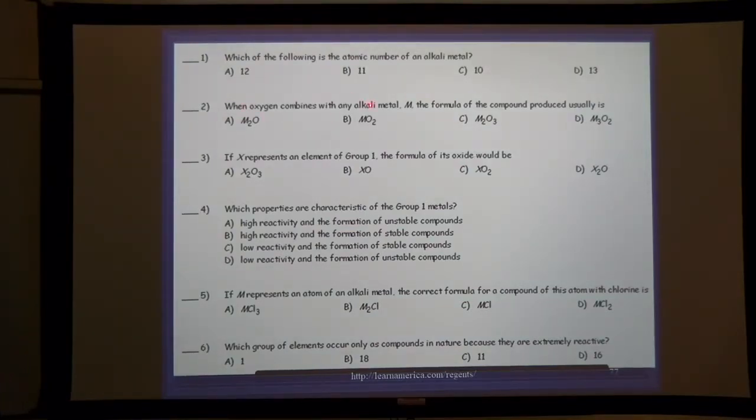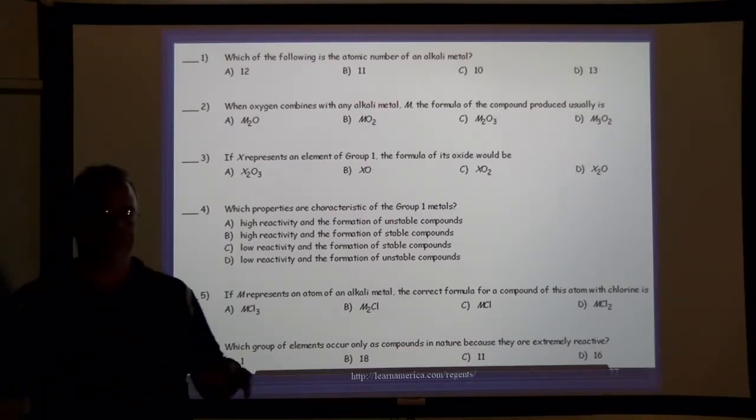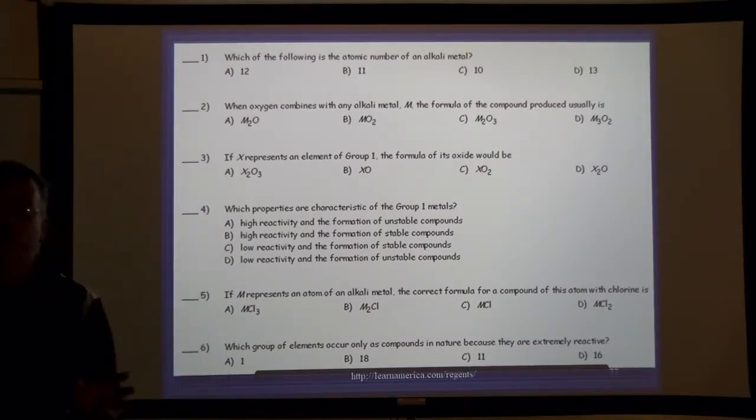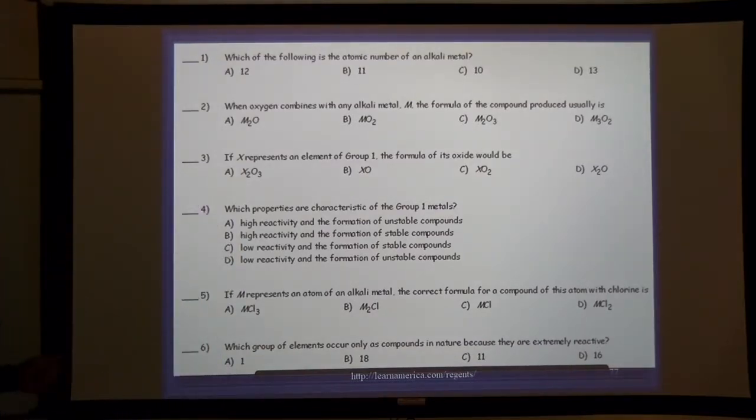When oxygen combines with an alkali metal, now this is from our last session that we had about the periodic table and knowing the names of the groups. Group 1 are called the alkali metals, right? So when oxygen combines with them, what general formula would they have if M represents the group 1 alkali metals?